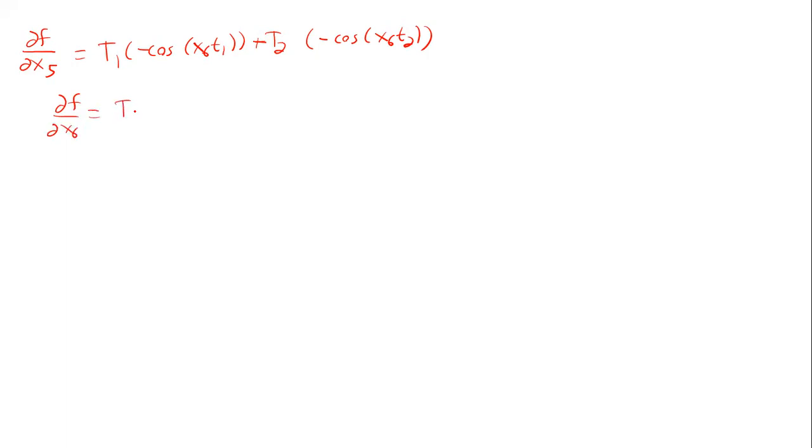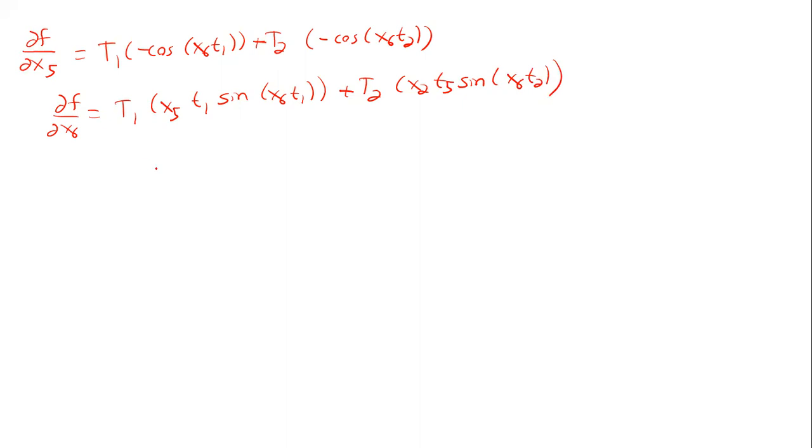And then we have df over dx5 equals T1 times negative cosine of x6 T1 plus T2 times negative cosine of x6 T2, and then you would get df over dx6 equals T1 times x5 T1 sine of x6 T1 plus T2 x5 T2 sine of x6 T2.